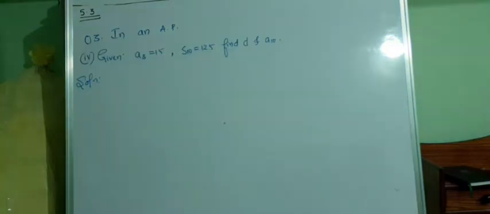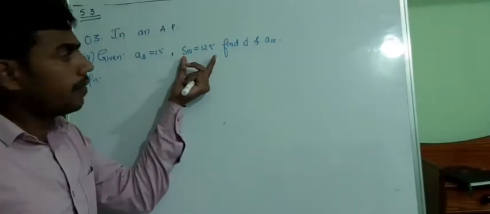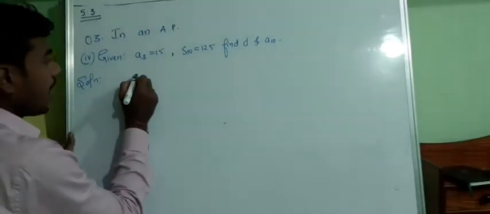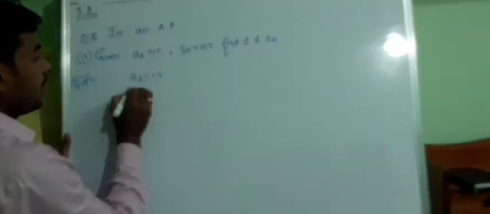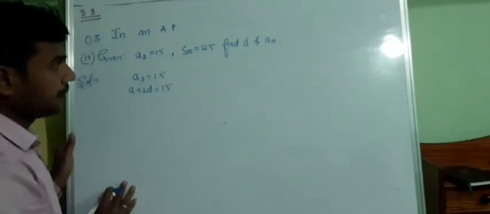Fourth question. Given A3 is equal to 15, S10 is equal to 125, find D and A10. Now, what is given to us? A3 can be written as A plus 2D is equal to 15.